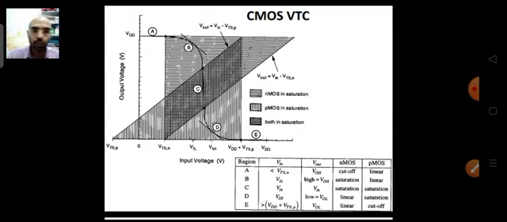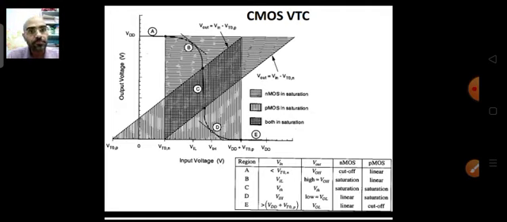Only up to that point can the NMOS be in the cutoff region. So in region A, your NMOS is in the cutoff region, whereas the PMOS works in the linear region. Why does it work in the linear region? Because it satisfies the linear region condition, which is the condition we saw in the last class.